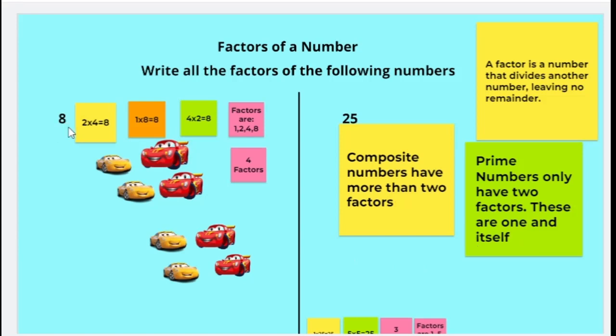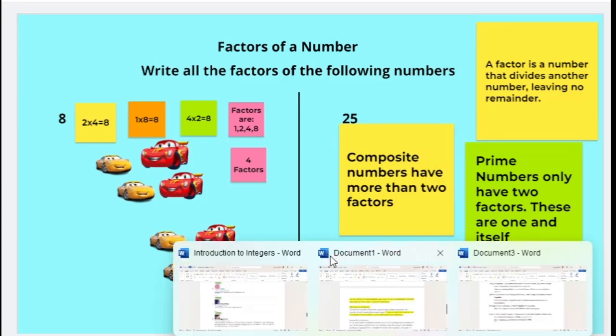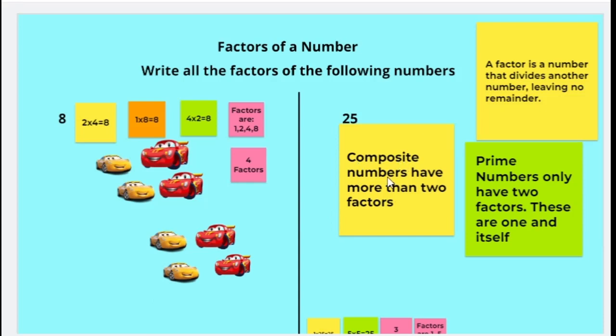So, my question to you is, is 8 a composite number or a prime number? Remember, composite numbers have more than 2 factors. Prime numbers only have 2 factors. These are 1 and itself.